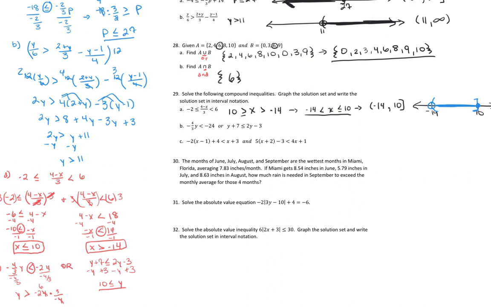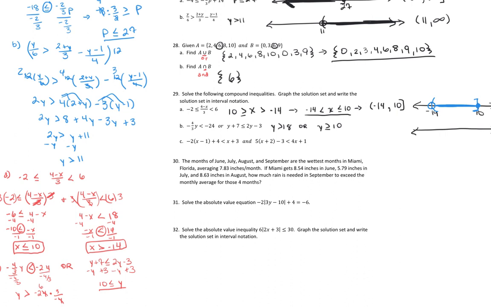So then if we were to write that in set notation, it will look just like that basically. Y is greater than 18, or y is greater than or equal to 10. And if we were to graph that on a number line, I'm going to skip over the set notation real quick just to show y'all something.